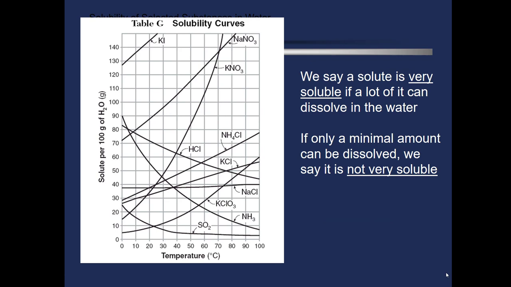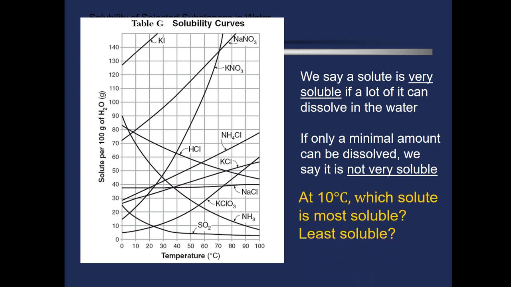Now, we say a solute is very soluble if a lot of it can dissolve in water. And if only a minimal amount can be dissolved, we say it is not very soluble. So let's look at 10 degrees, which solute is the most soluble and which one is the least soluble. So for this, we're going to go to 10 degrees. So it's on my x-axis right here.